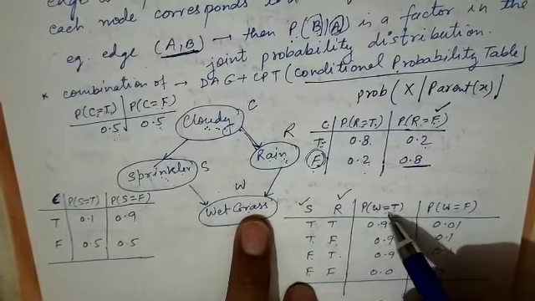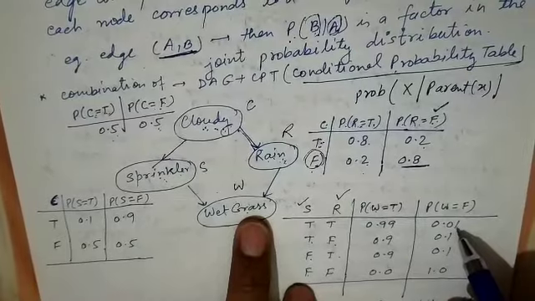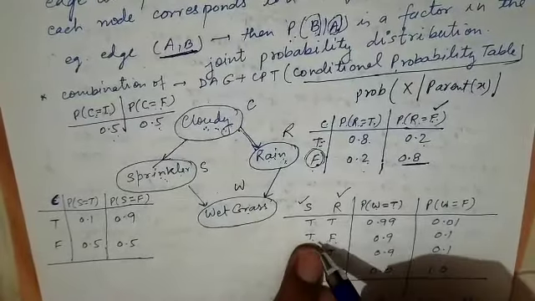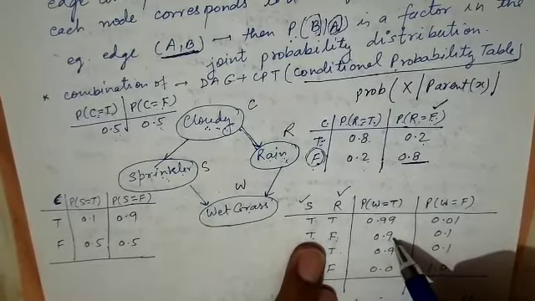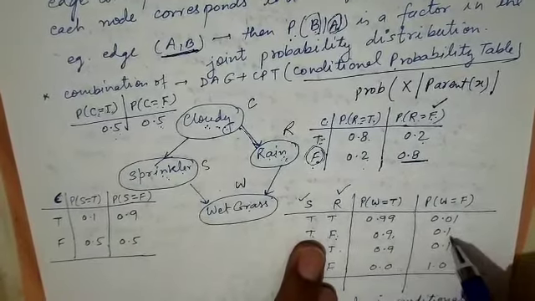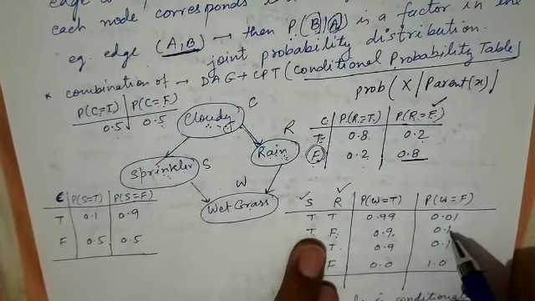What is the probability that the grass will be wet? 99%. What is the probability the grass will not be wet? Only 1%. If the sprinkler is working and rain is not happening, then there is a 90% chance that the grass will be wet, and a 10% chance that the grass will not be wet.